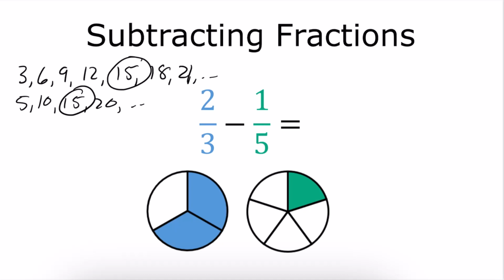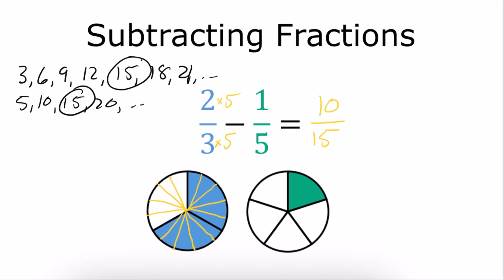And so the thing that I need to multiply by to make it so that they have common denominators in the case of 2/3 is the number 5. So I'm going to multiply 3 times 5, which basically cuts up each piece into 5 little pieces, which gives me a total of 15 pieces altogether. So when I cut those 3 pieces up into smaller pieces, the shaded pieces that I had, where I had 2 of them before, are now 10 of them.